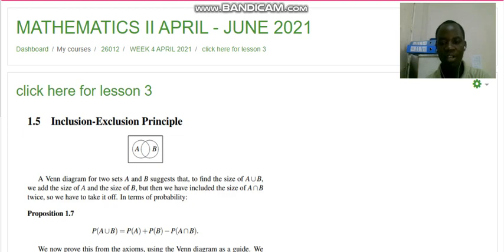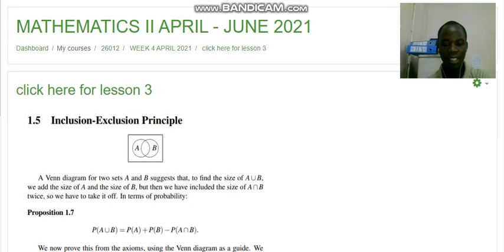So according to the Venn diagram for two sets A and B, to find the size of A union B, we add the size of A and the size of B. But then we have included the size of the intersection of A and B twice, so we have to take it off. In terms of probability, this is what is now called the inclusion exclusion principle.